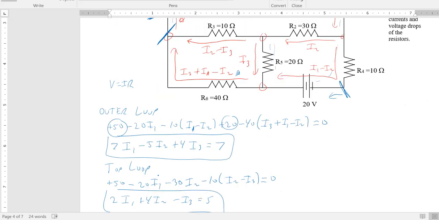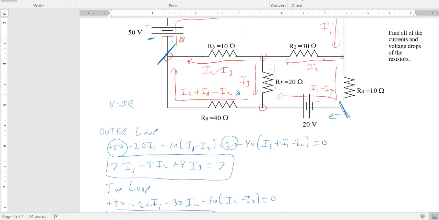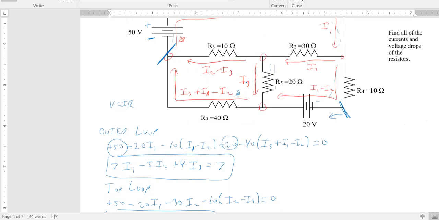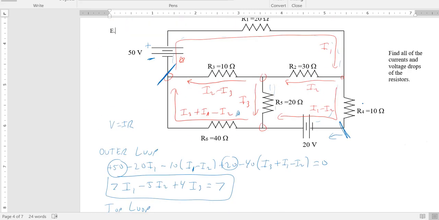okay? And then I also go against I2 through this 30 ohm resistor. So that's also going to be a plus, and it's going to be 30I2. Okay? And then I go with this current through the R4, the 10 ohm resistor, so that's a minus.